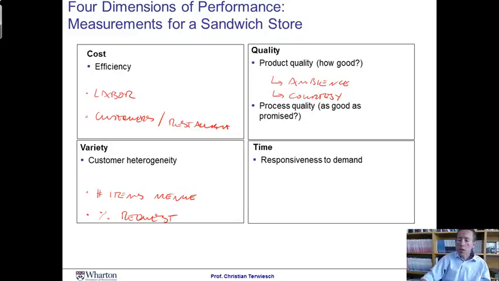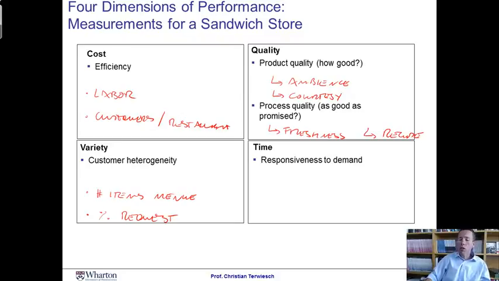On the conformance side, we would probably look, are we really delivering what we promise? And so that means we could look at the freshness of the ingredients of the sandwiches. In the extreme case, we could go even as far as putting these sandwiches on the scale and just measure whether we put the exact appropriate amount of grams of cheese on the Subway ham and cheese sandwich. And so that would give us a good measure of conformance quality.